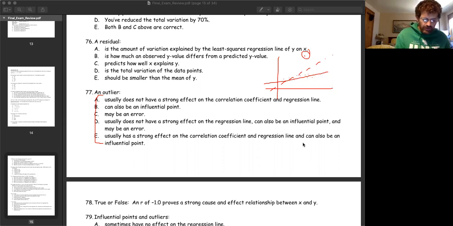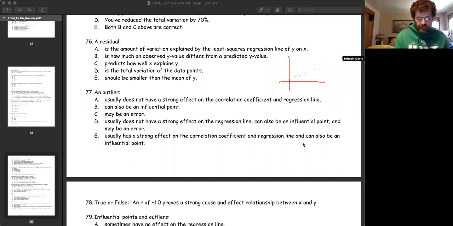Now we could have a different situation where you've got your data right here, and then you've got this point way out here. This is separated in the X direction, so this point is high leverage, but it's not an outlier because it still falls pretty much in line with the trend of the data. High leverage, not an outlier, not influential, we would say.